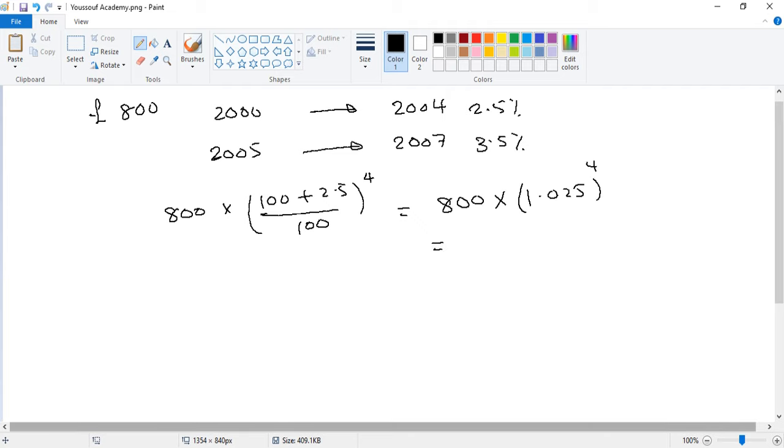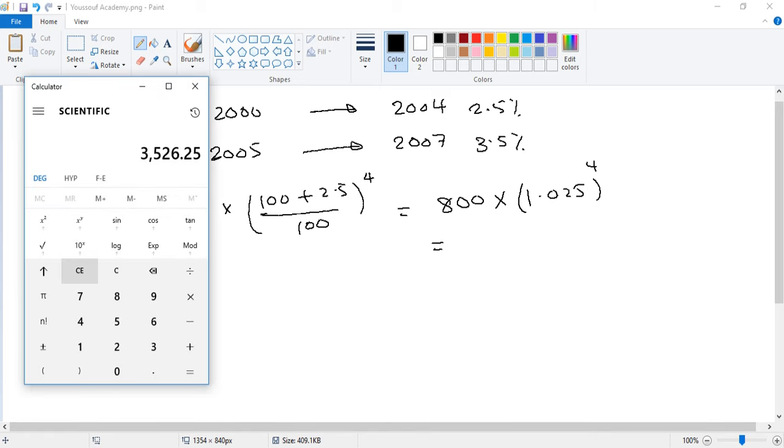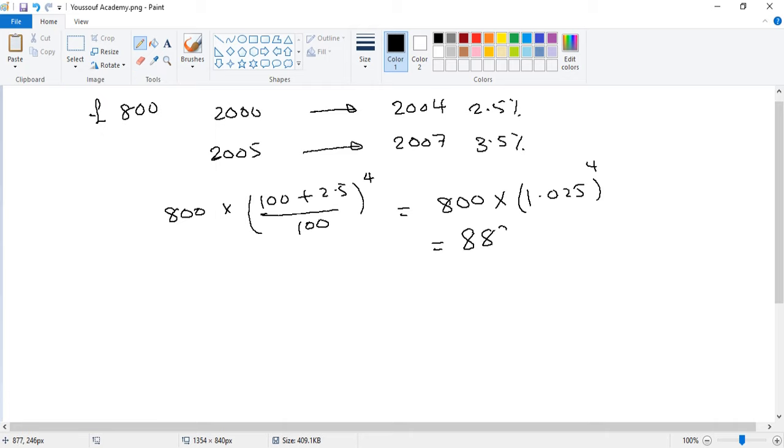And the answer is, by the calculator, 1.025 to the power of 4 equals, and then we times it by 800. The answer will be 883.05 pounds. So 83.05 is the interest in 4 years.